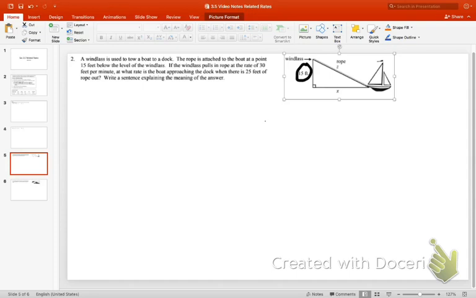So we need to figure out how to label that exactly. But this is really important information right here. See if I can highlight it. So when it says at a rate, oh, I thought that would be a little bit thinner. Let's fix this.